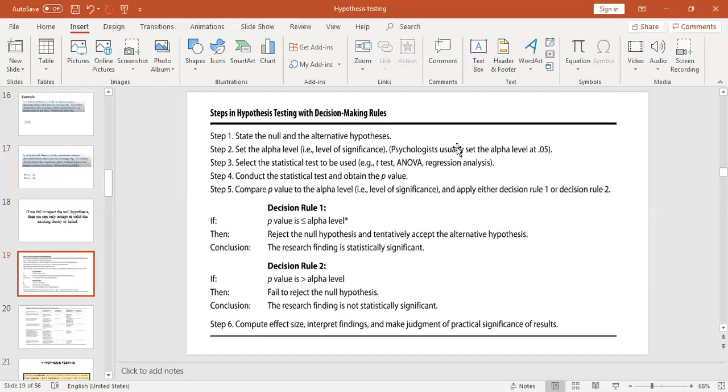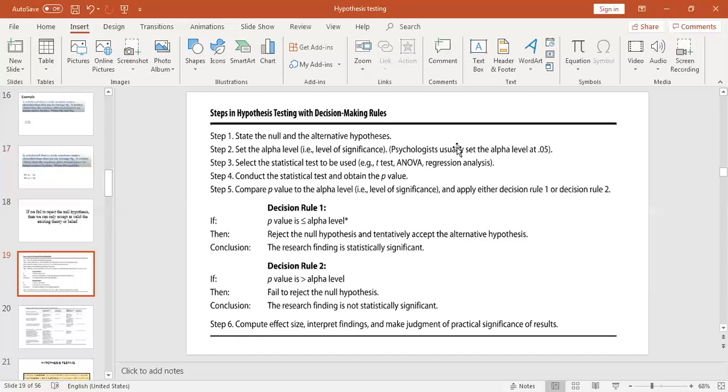You have to remember that this is only one method for doing the hypothesis testing, be it a t-test, ANOVA, or regression analysis. Based on the p-value you can derive the statistical inference, or else you can derive the result using the critical value method.